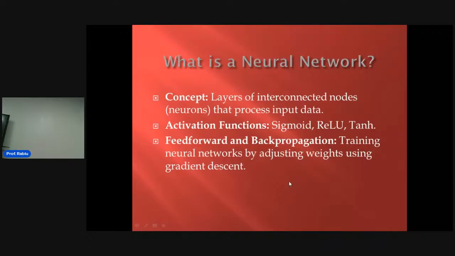Okay, so it's a layer of interconnected nodes that process input data, something that is coming, and it is in the mesh that it processes it. A network of all these connections of a body. Now we're trying to put it into the machine so that if this doesn't work, the machine does this.